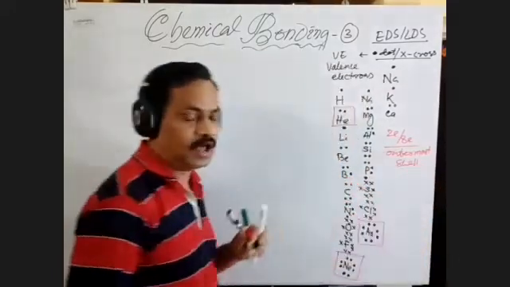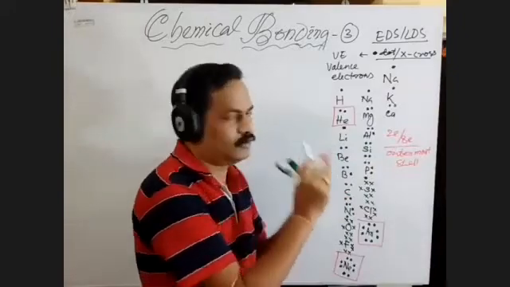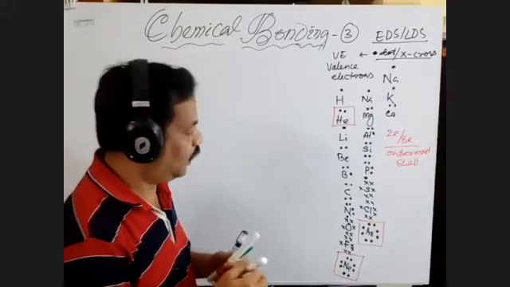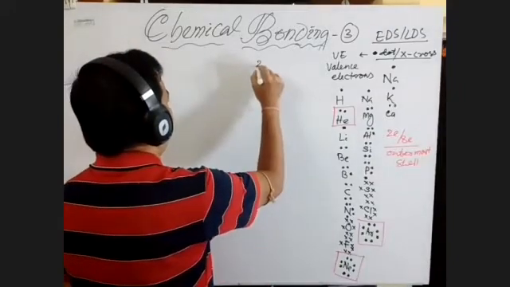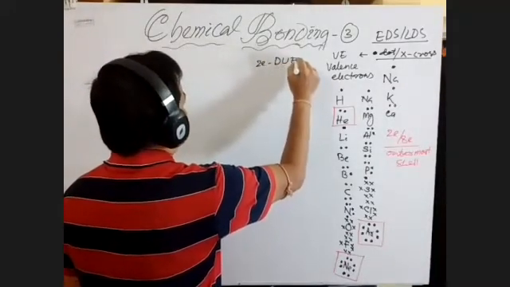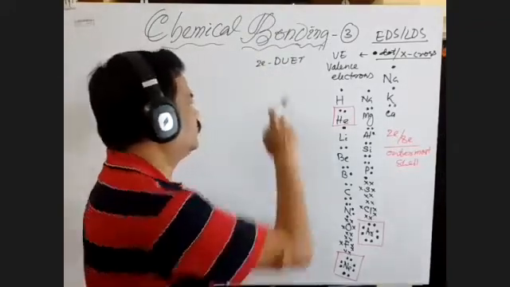Because of this presence of 2 electrons or 8 electrons in the outermost shell, what do we call this configuration? If it has 2 electrons in the outermost shell, we call it a duet configuration, D-U-E-T.